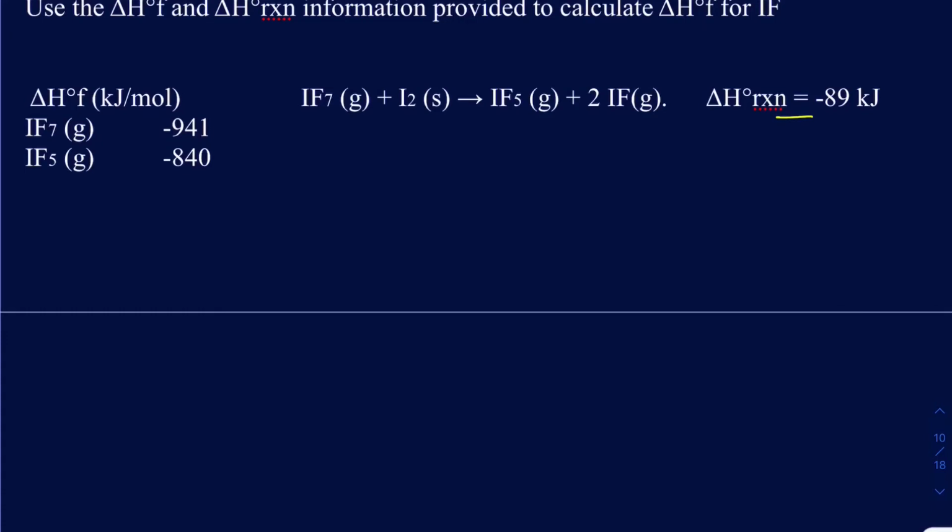We're also given the IF7 delta H formation, and we're also given IF5. We're asked to figure out what the delta H formation is going to be for the IF. We're not told anything about the I2. What's the delta HF formation going to be for the I2? Well, that's iodine solid, and that's how it exists in nature, so it's going to be 0.